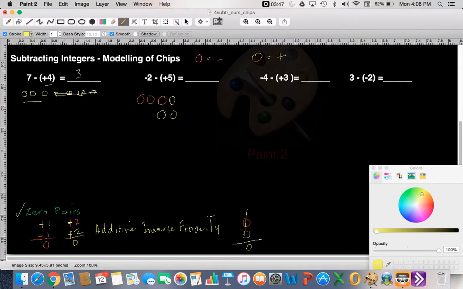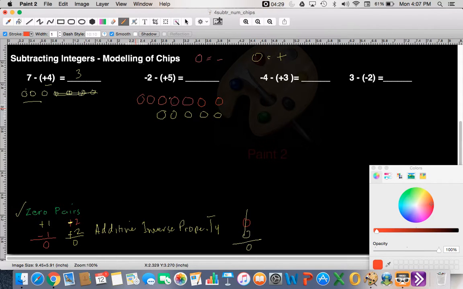Oh, sorry. This would be red. Let us change this. Red, and we're going to plug in yellow. So we're plugging in 5 zero pairs, 1, 2, 3, 4, 5, in order for us to take away positive integers.